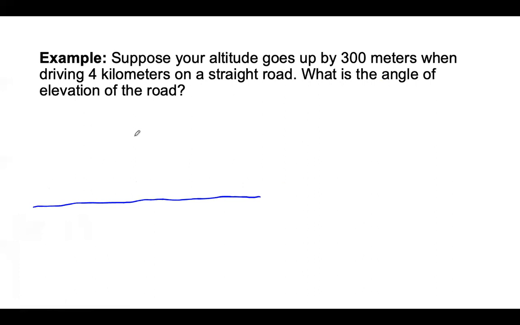But as we go along the road, our altitude goes up by 300 meters. So it increases 300 meters as we're driving along this road. So this is what it means. What is the angle of elevation of the road? So we're in our little car.